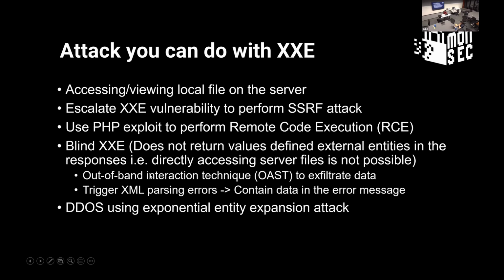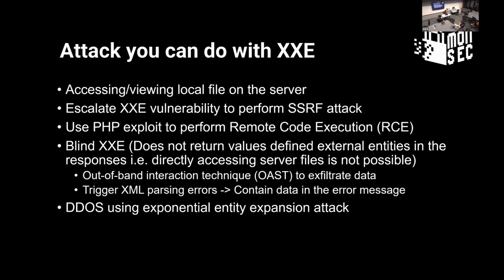There's also something called blind XXE, which does not return the value of the defined external entities in the responses that XML gave you. But in this situation, you can do two different types of attack.